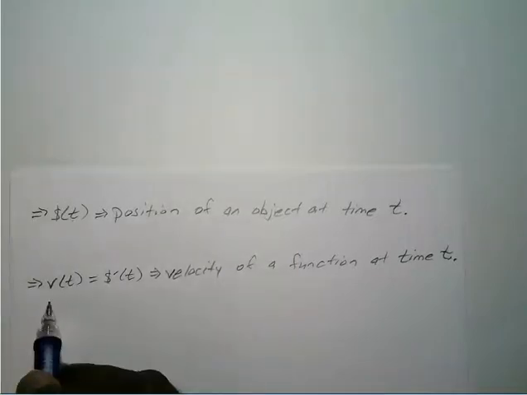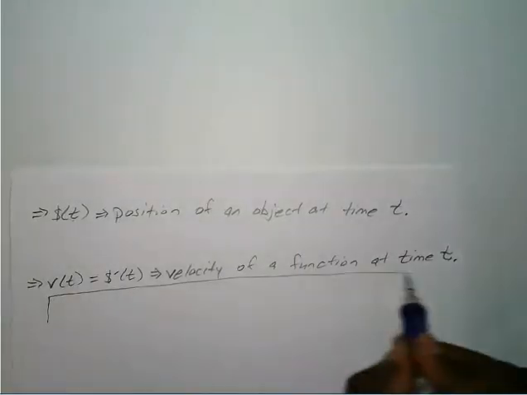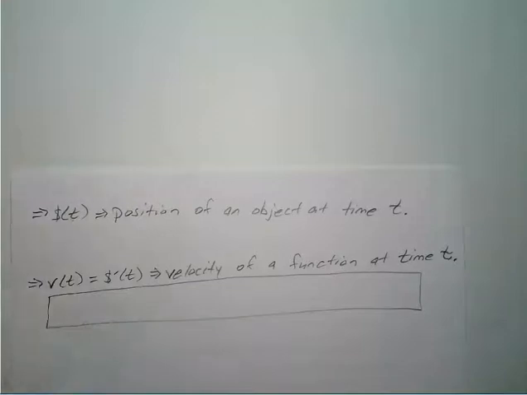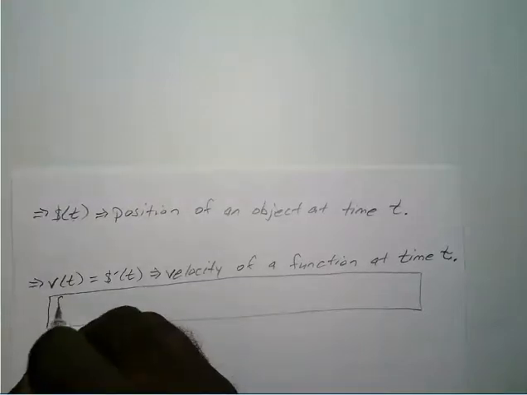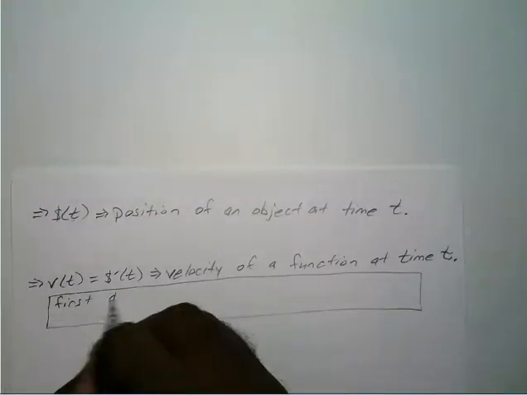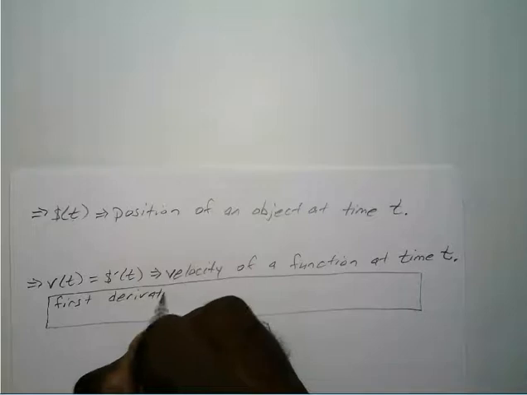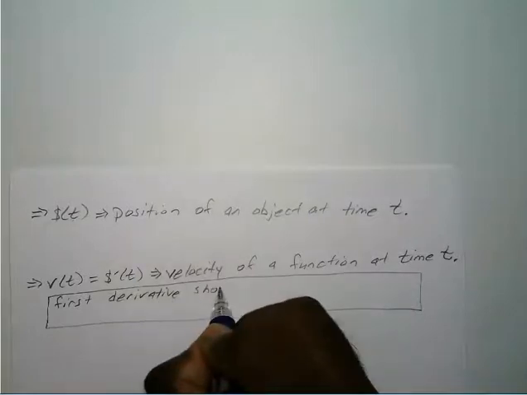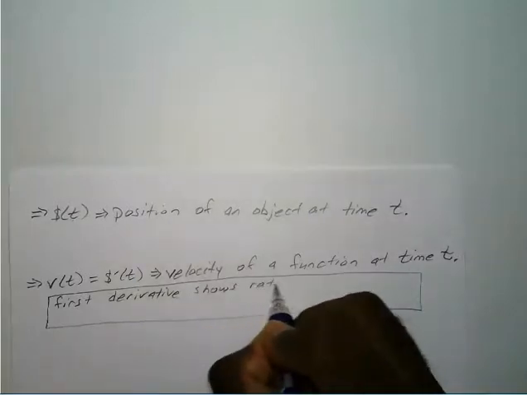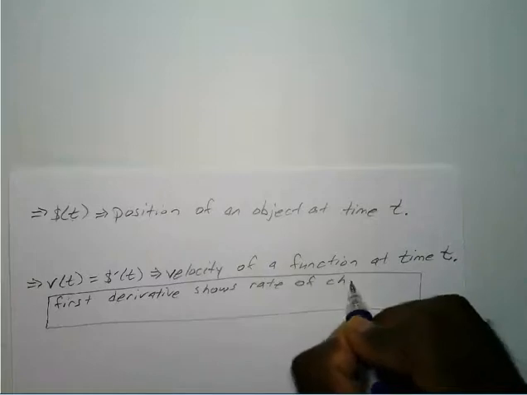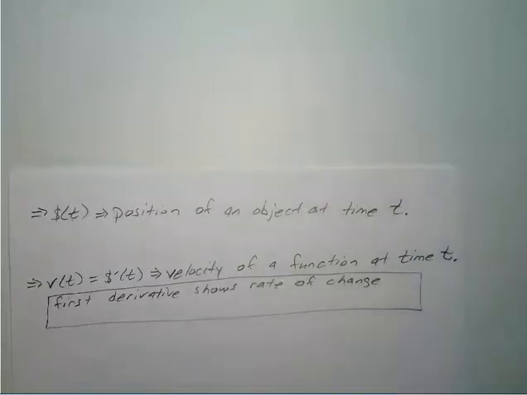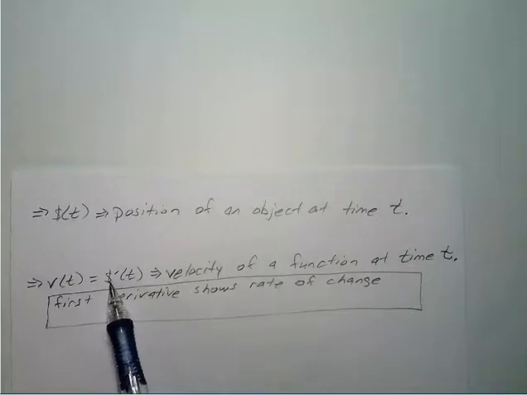Why is that? Because if you remember, your first derivative shows the rate of change. So we're looking at the rate of change of our position function at a specific time.